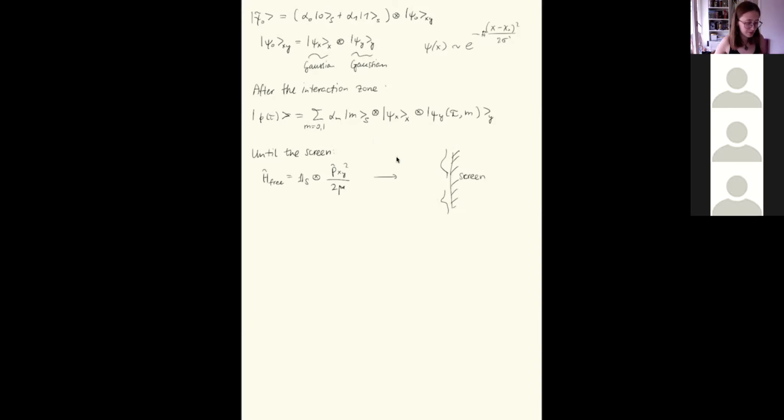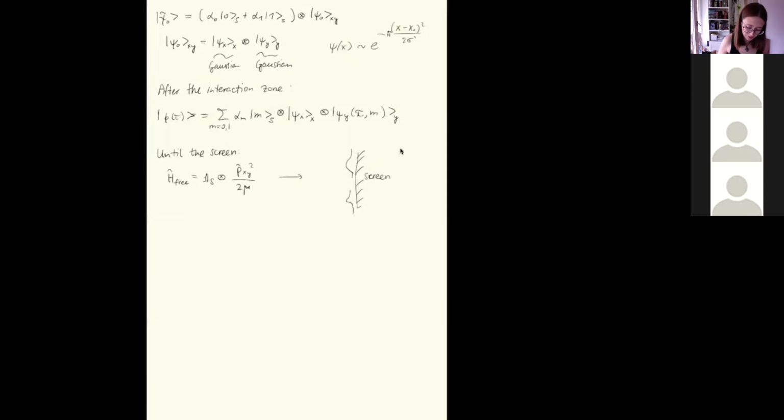Okay, so now let us go to the second topic that we wanted to talk about, which is the FR thought experiment. What is exactly the setting of this thought experiment?